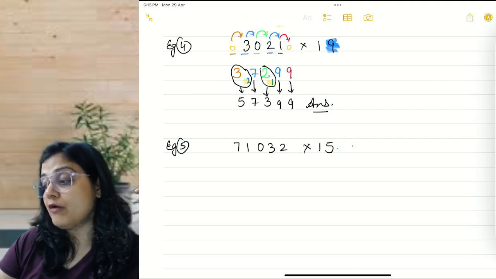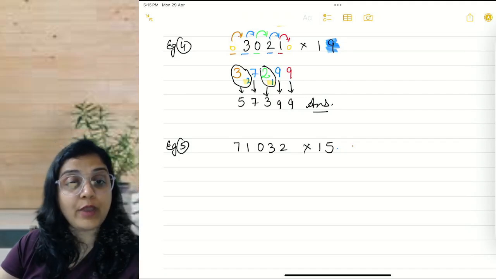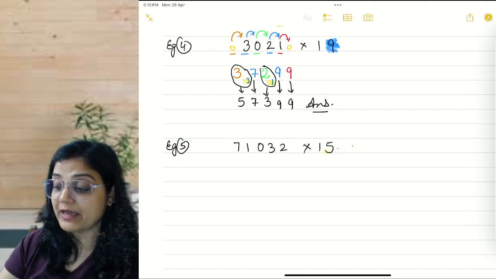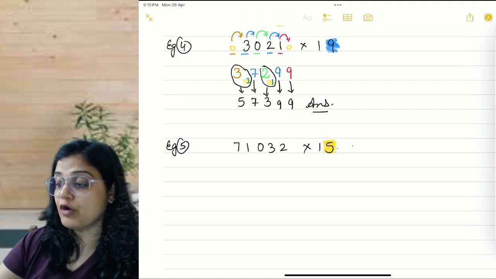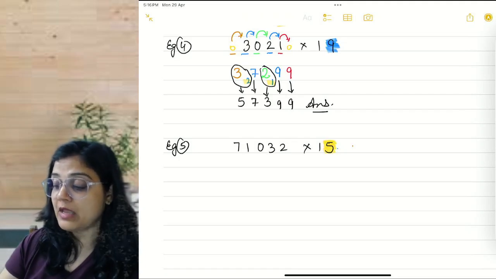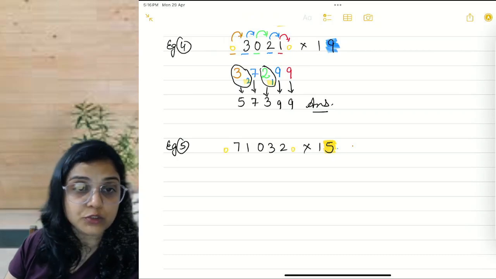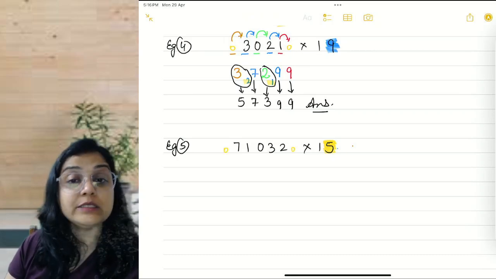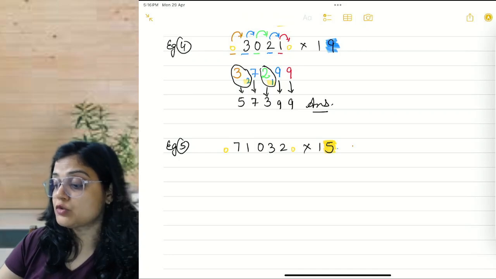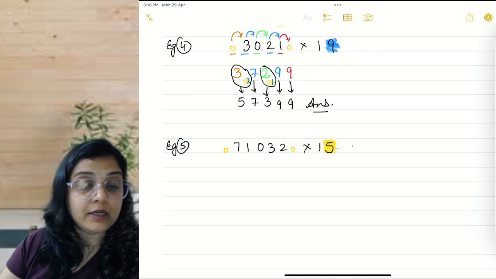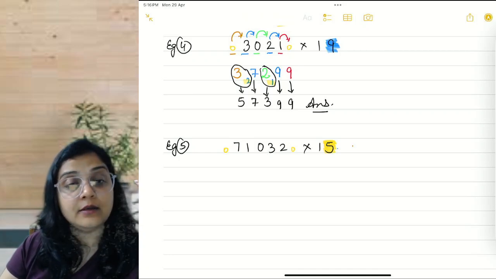So what we have to highlight this time, we have to focus on this 5. We have to focus on this 5 this time, and we'll just sandwich the given number 71,032 between two zeros. Alright, so again I'll use different colors for different steps, and I'll just write the answers with that color only.